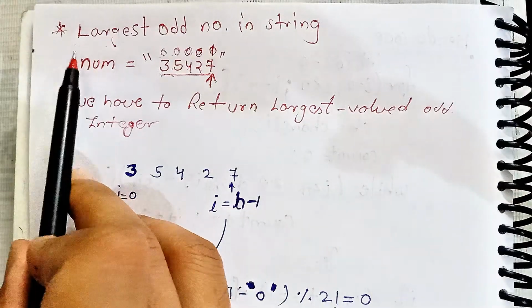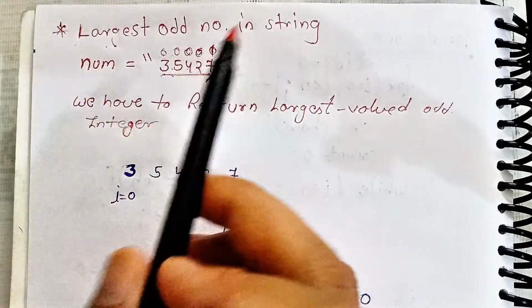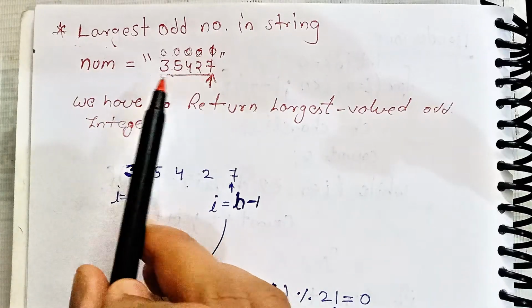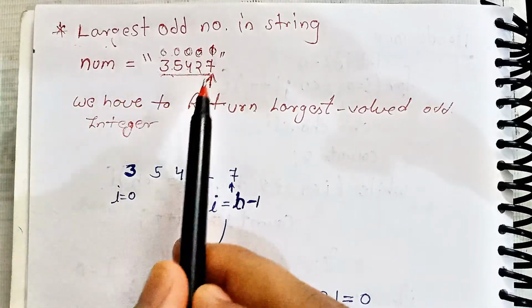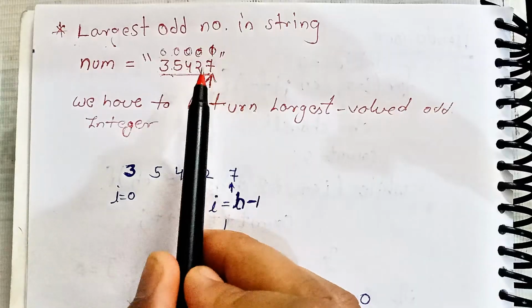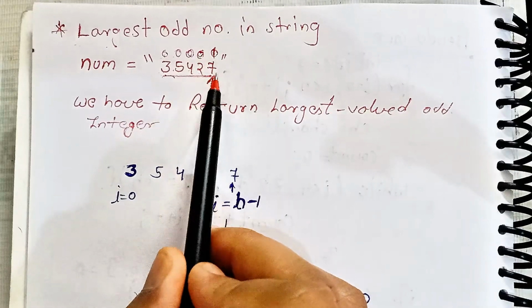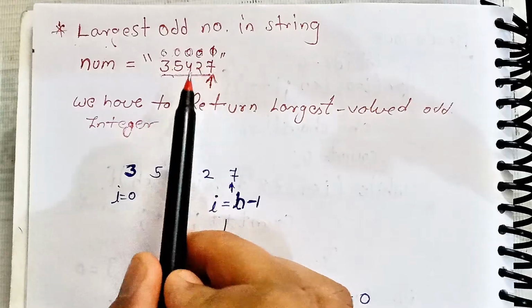So talking about today's problem logic, we have to find the largest odd number in a string. We have been given one numerical string, and we have to find the largest odd number. Means if there is an even digit at the end, we have to delete that part and move ahead.